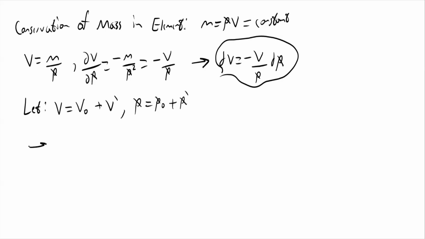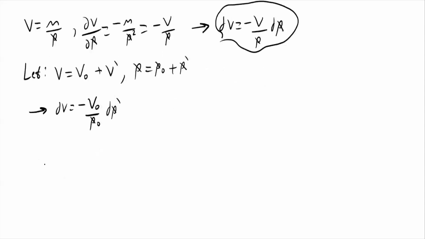When we undergo that process, we find that dV is equal to negative V naught over rho naught times d rho prime. And you might be asking, why did I linearize it in this particular fashion? Well, you'll see in just a moment. To proceed, we need to recall the linearized equation of state.